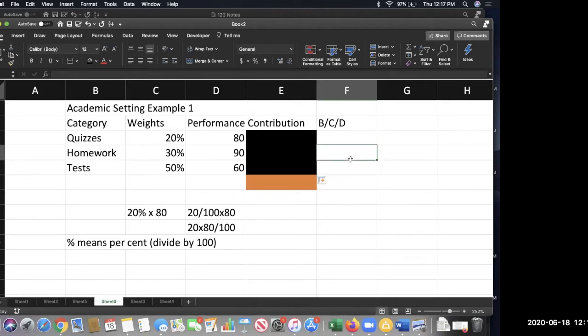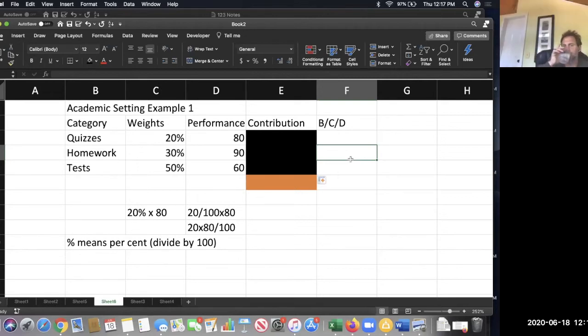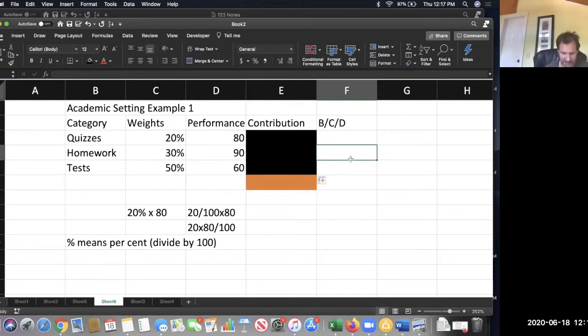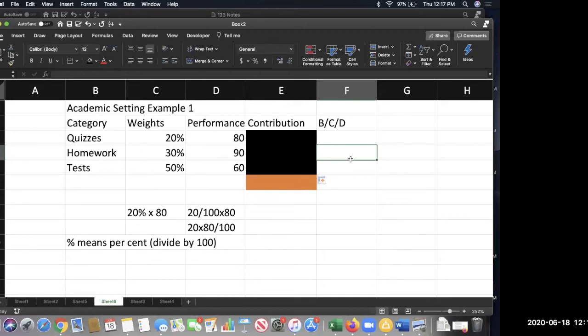I had a question. Is it okay to use this instead of how you did it, like 20% times 80? Instead of how we set it up as like a fraction almost? You mean to set up the proportion? Yes, you can.